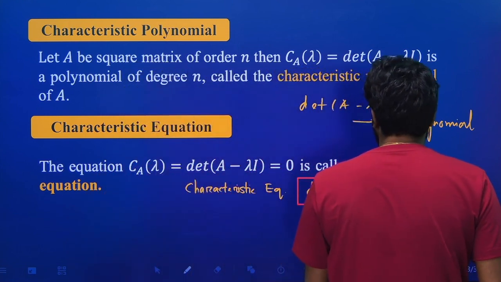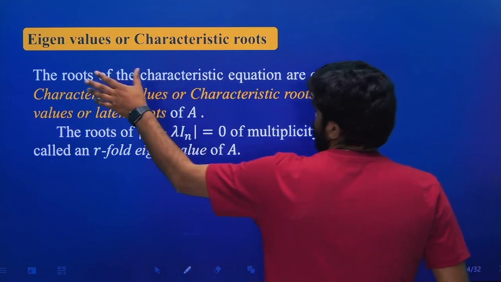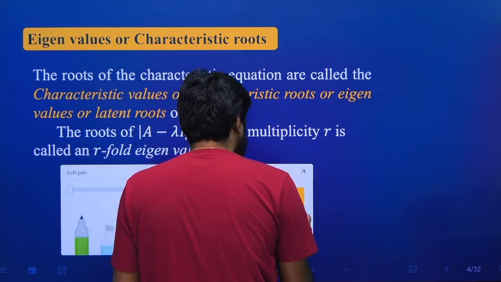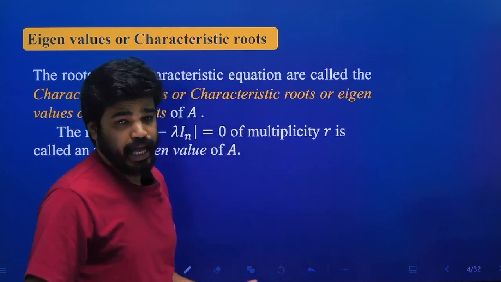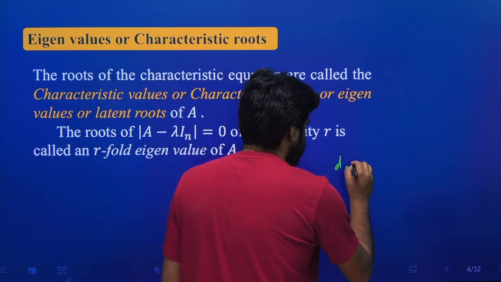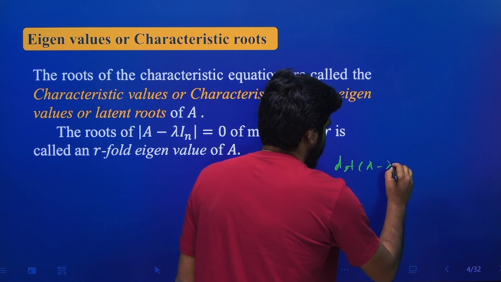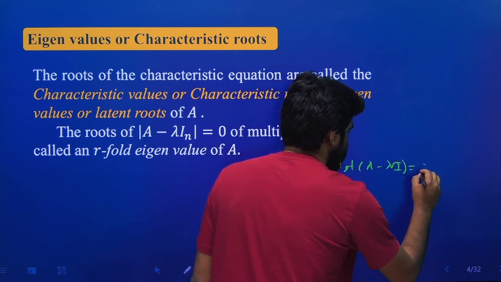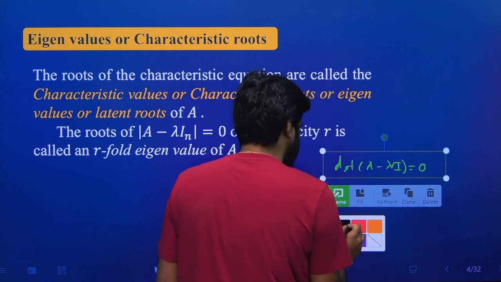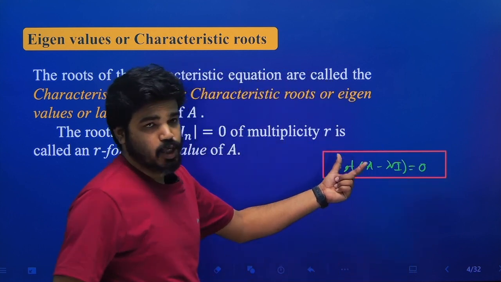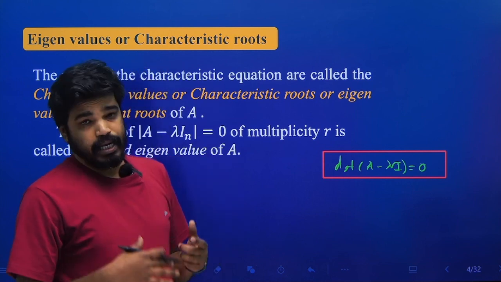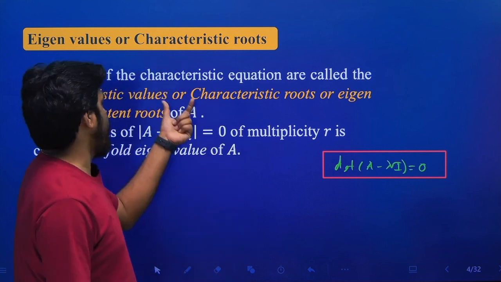So next, what are the eigenvalues? Eigenvalues means the roots of the characteristic equation. The characteristic equation is determinant of A minus lambda I equal to 0. The roots of the characteristic equation we call eigenvalues, or characteristic roots, or latent roots.